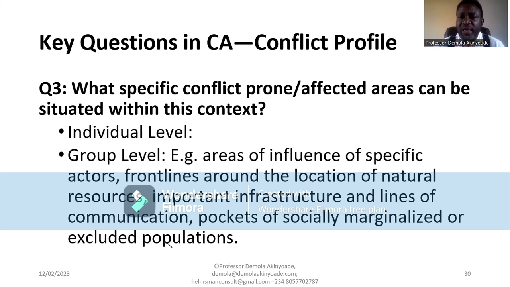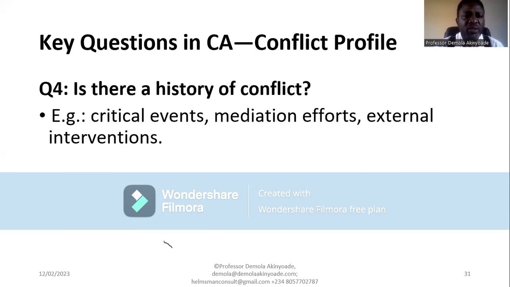We know that the Southwest is Bola Ahmed Tinubu's power base, especially Lagos State. So front lines, the location of natural resources, important infrastructure, all these things we take into consideration in determining the conflict profile.